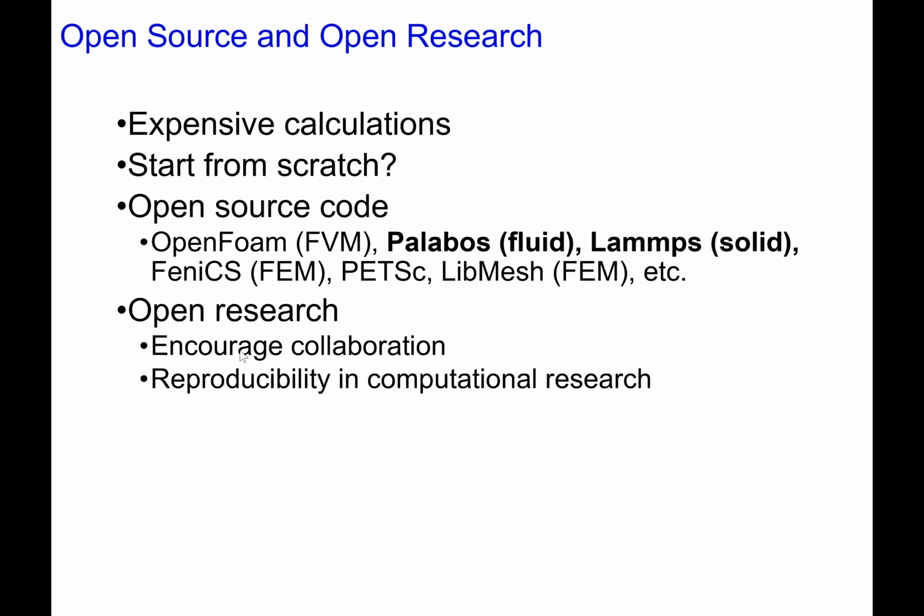We also believe in making the simulation software open source so that everybody can have access to it. Open source code is going to encourage the replication of others' work and incorporate collaboration from different groups as well.